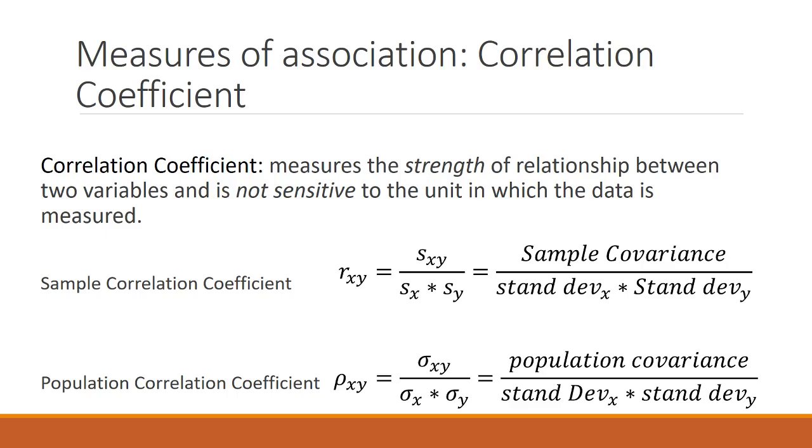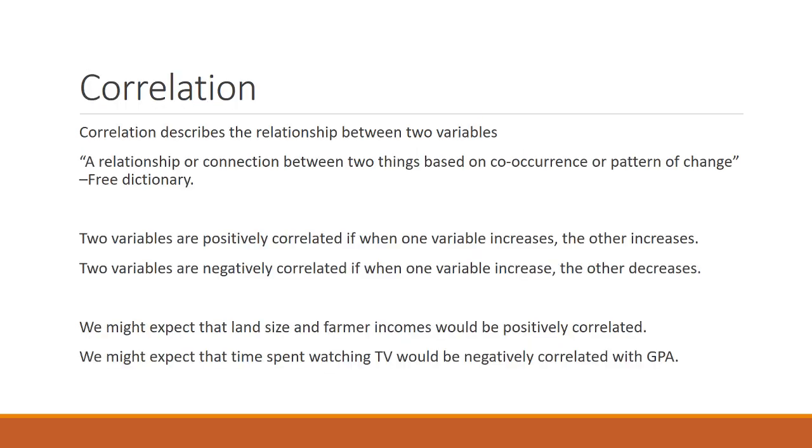And we might expect that if two variables are strongly correlated, that will indicate to us that they might have a real relationship, that they're really related in real life, just like we said with land size and farmer incomes.